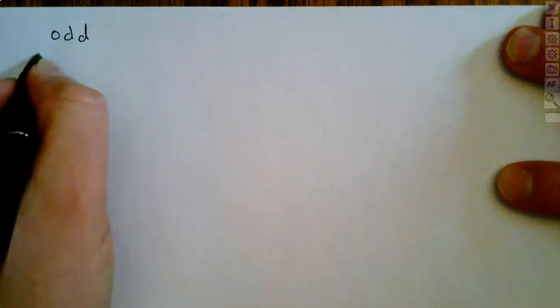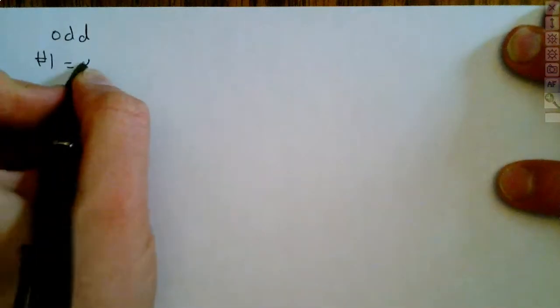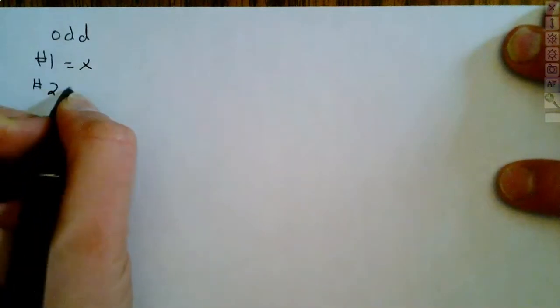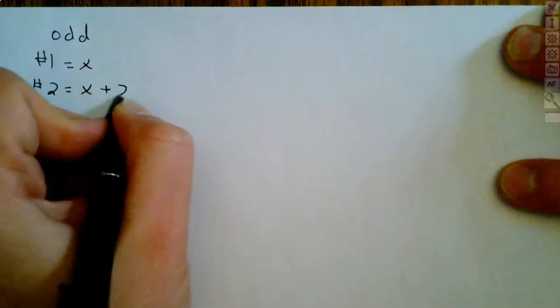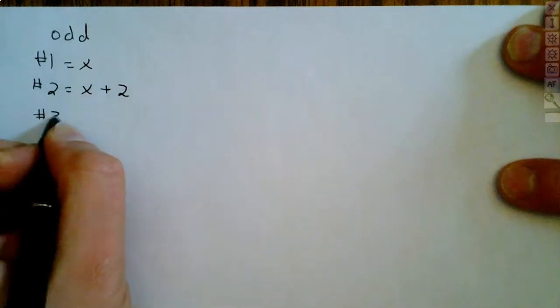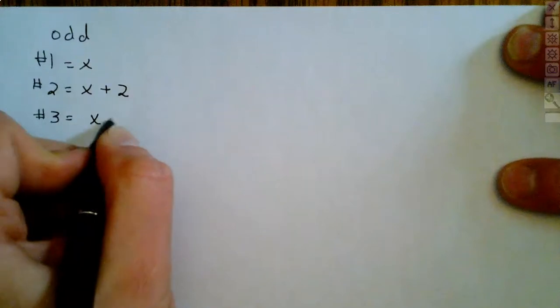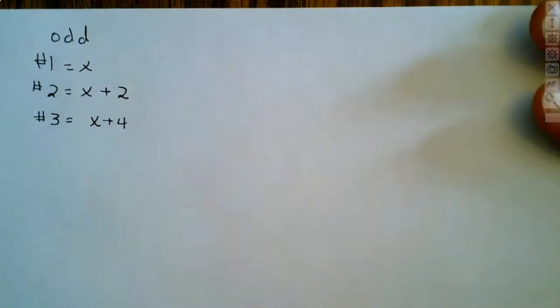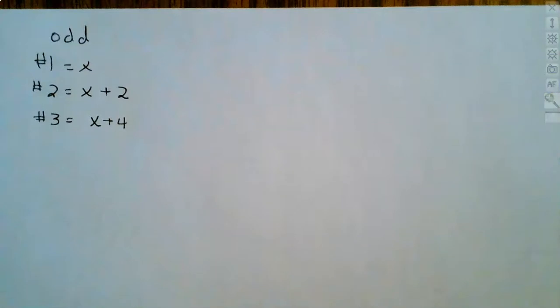What do we know about odd integers? Well, they're like even, they have a gap of 2. So for the odd integers, our first one is x, our second one is x plus 2, and our third one is going to be x plus 4. Now, what does it say here?